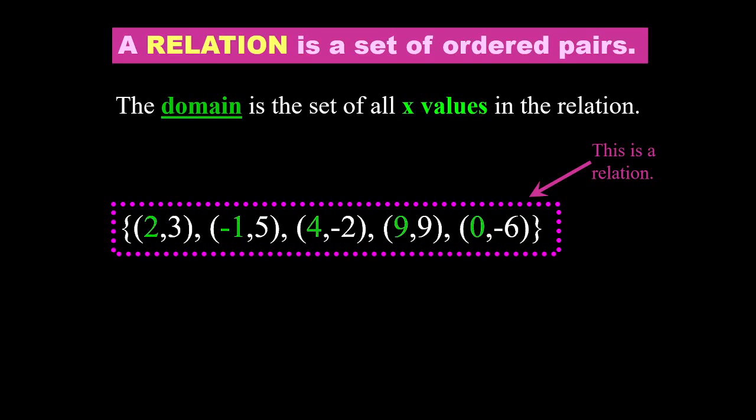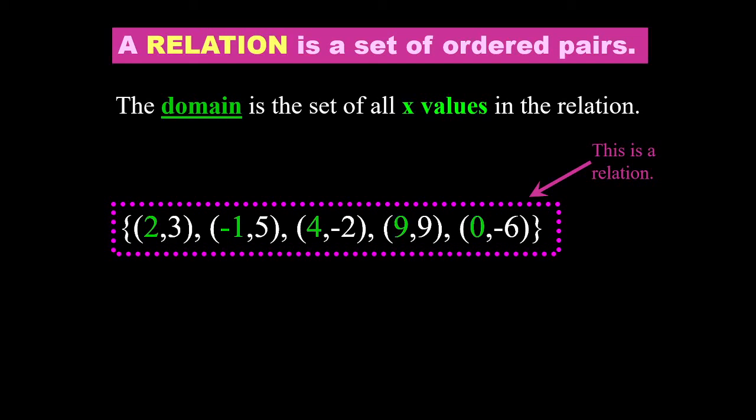Those being highlighted as green, 2, -1, 4, 9, 0, that is what you call the domain. Those are your x values. It's simply the set of all x coordinates or set of all abscissas. Because another name for the x coordinate or the x values is the abscissa.